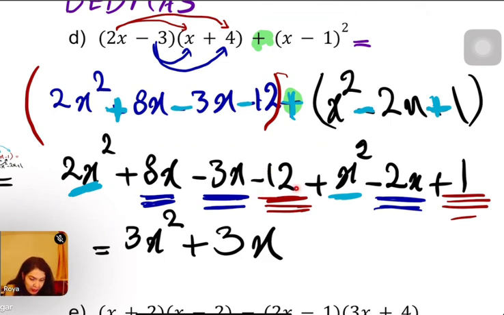And negative 12 plus 1 is negative 11. That's it. This is your final answer.